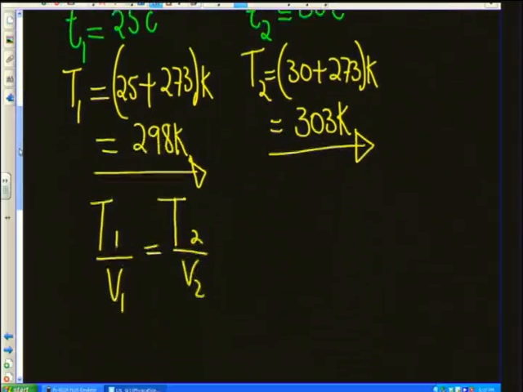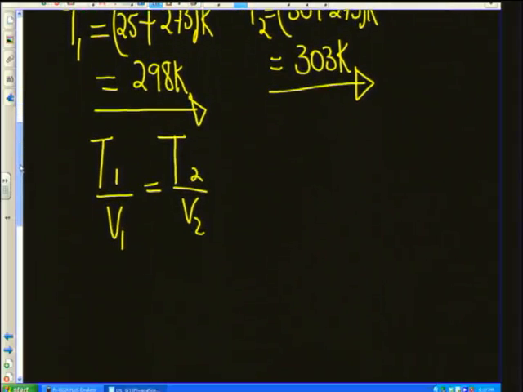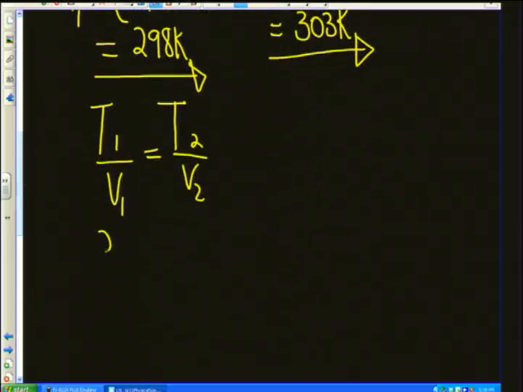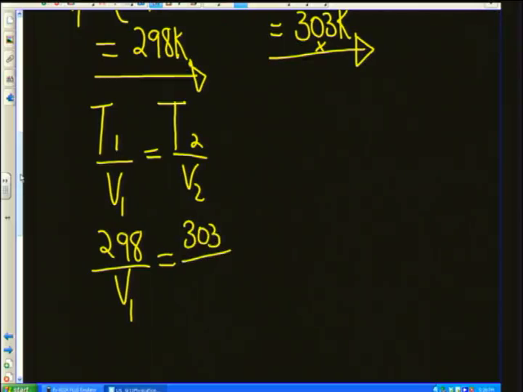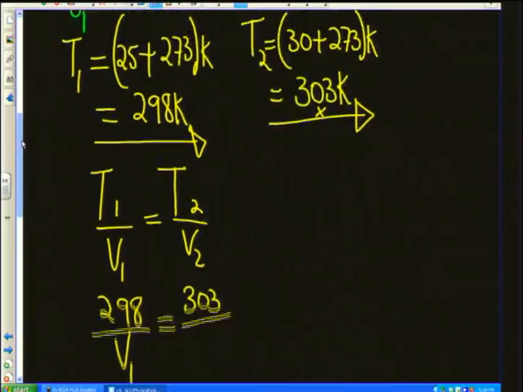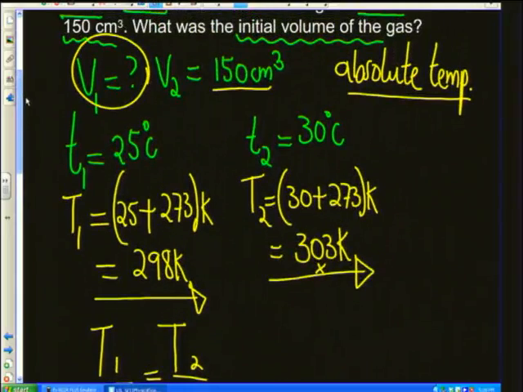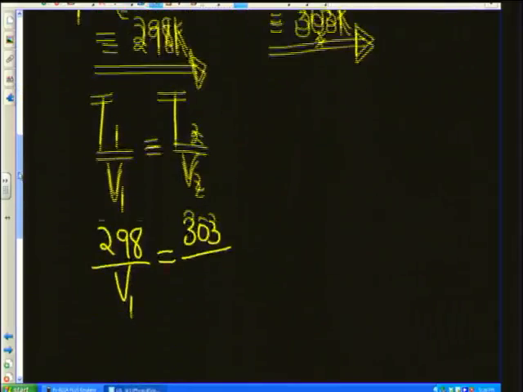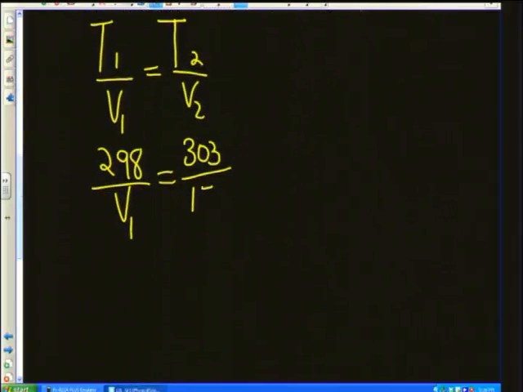Okay, good. So now what is your temperature 1? Temperature 1 is 298 Kelvin, and volume 1 is what I am looking for. Temperature 2 is 303 Kelvin, divided by volume 2. We are told volume 2 is 150 cubic centimeters. So we put that in.